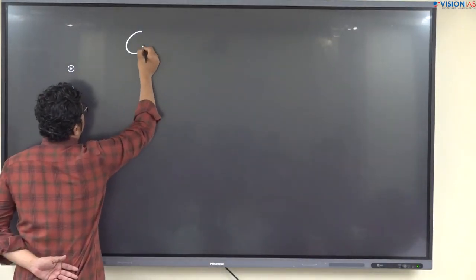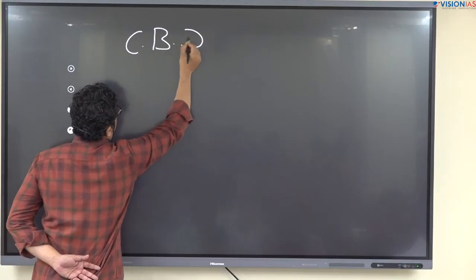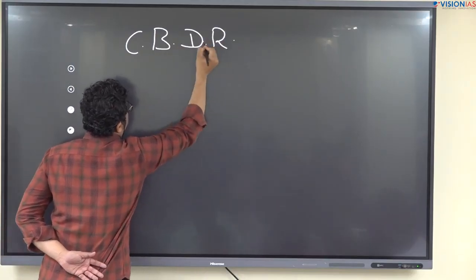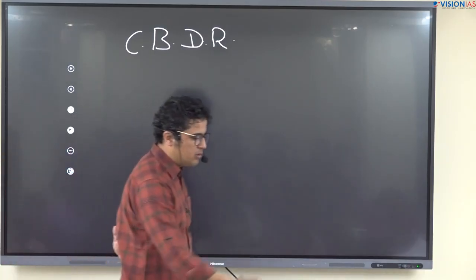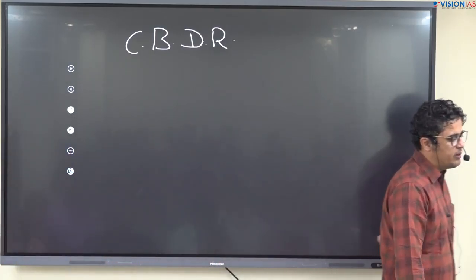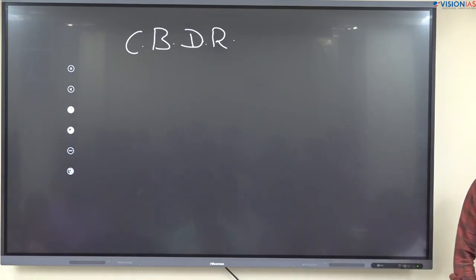Kyoto Protocol works on a principle. Its name is CBDR. The full form of CBDR is given in the second paragraph. What is the full form? Common but differentiated responsibility. What does it mean?